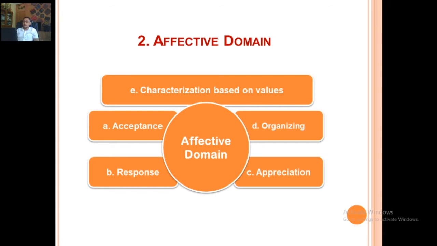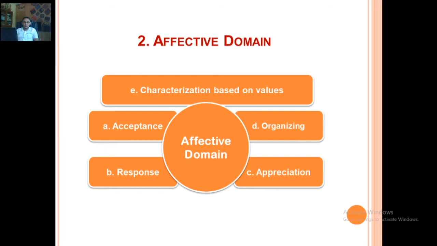At this stage, students are fostered so that the student can accept the value given by the educator. These values can be in the form of religious values, moral values, and the like.